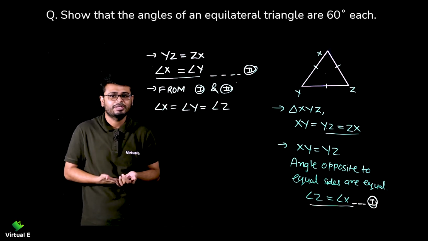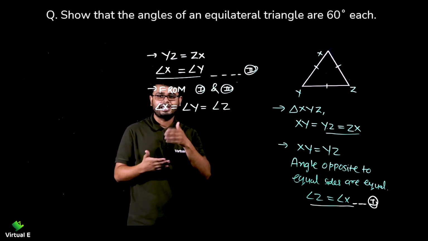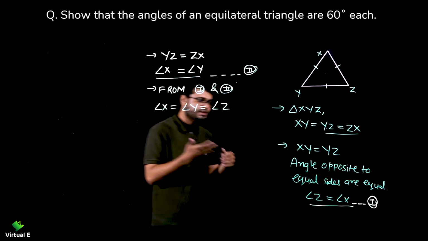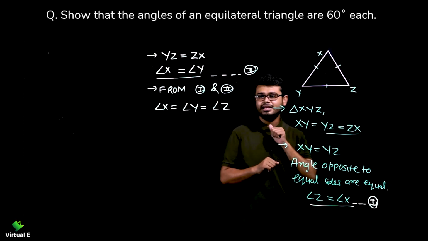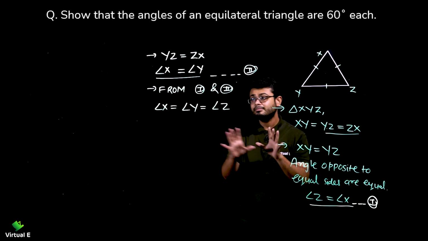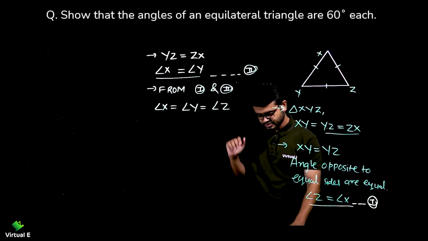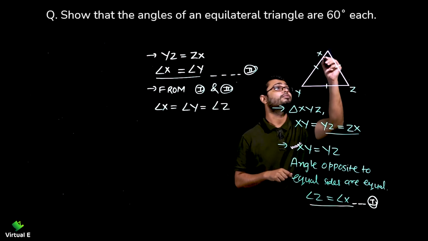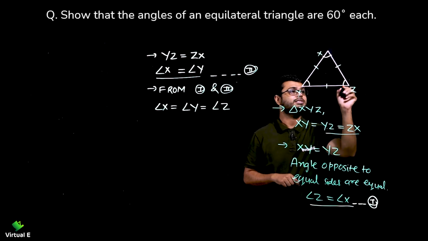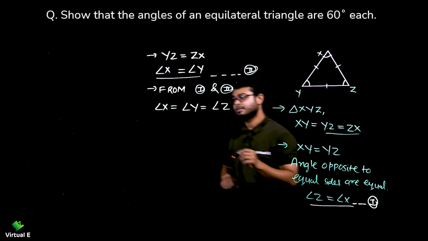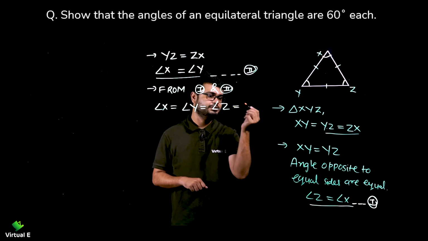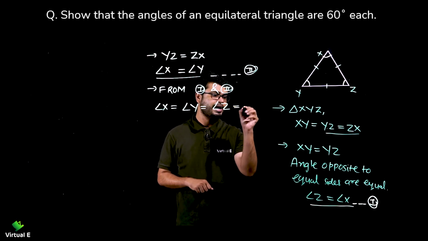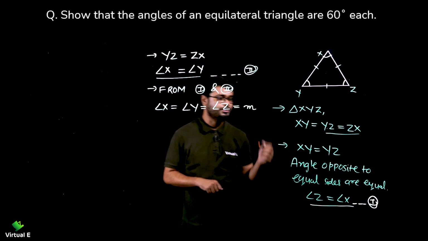Next is the angle sum property. We know it very well. You take all three angles, so you will get 60° very easily, right? Remember, this is the most important part. So basically, we proved that all three angles are equal, and let's take this angle as, let's say, M here because X we already used.